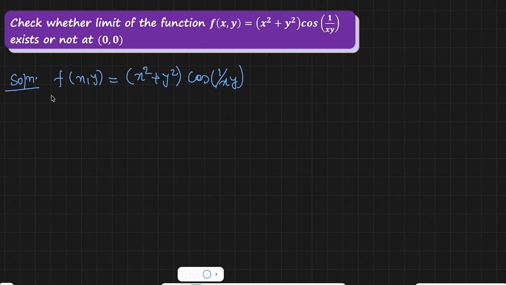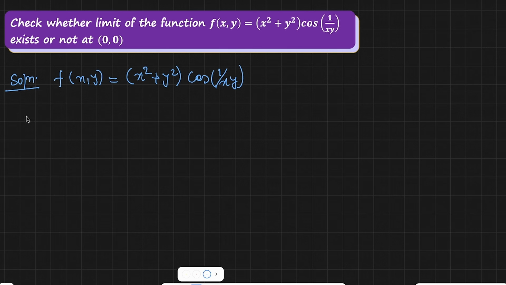This is something we call the sandwich theorem kind of. In this particular case we can use the concept of bounded. This is something called the squeeze theorem, meaning we can use the sandwich theorem. I will give you two methods to solve this problem.